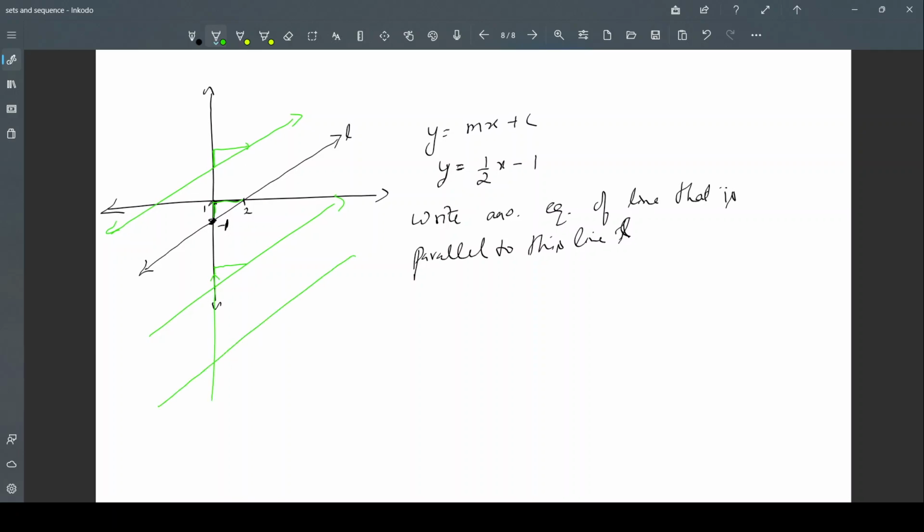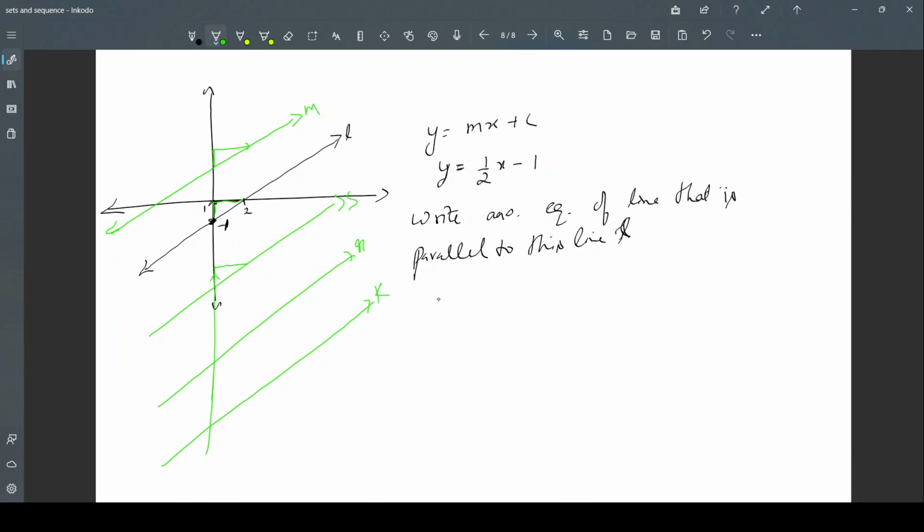You can draw parallel lines anywhere to this line L. Let's say this is M, this is S, this is R, this is K, like that. Let me name them. So all these lines M, S, R, K that are parallel to line L will have the same magnitude. What is that?